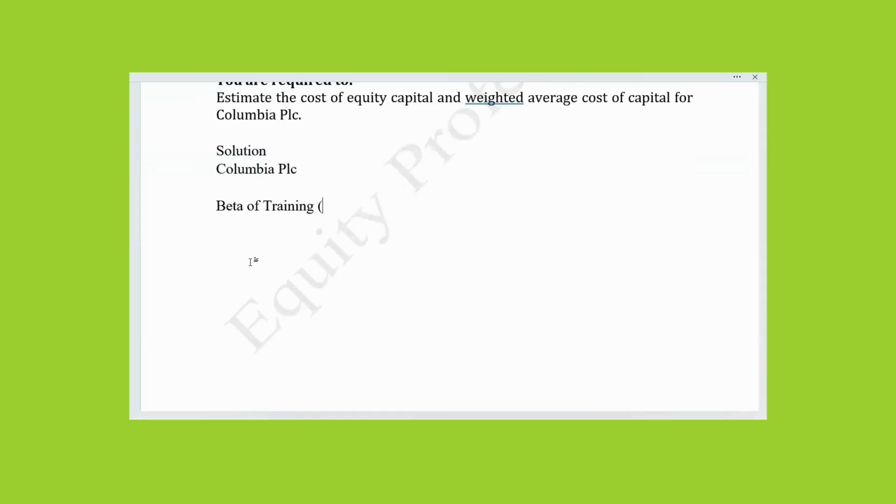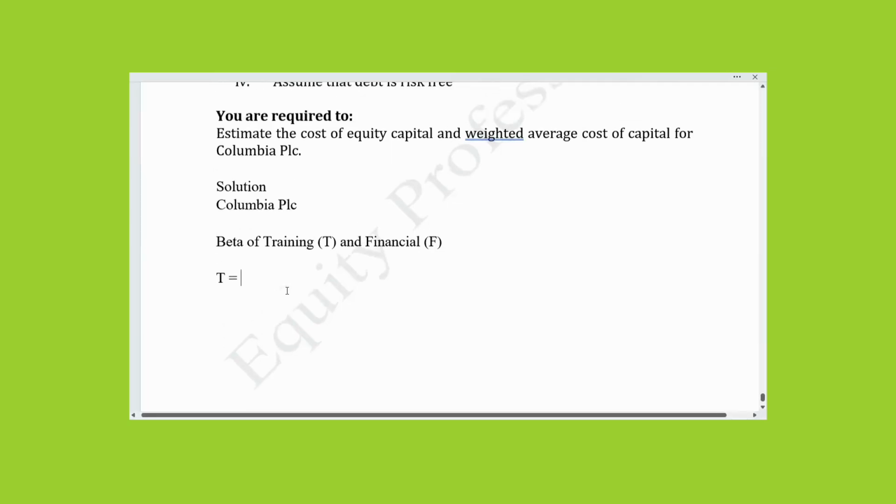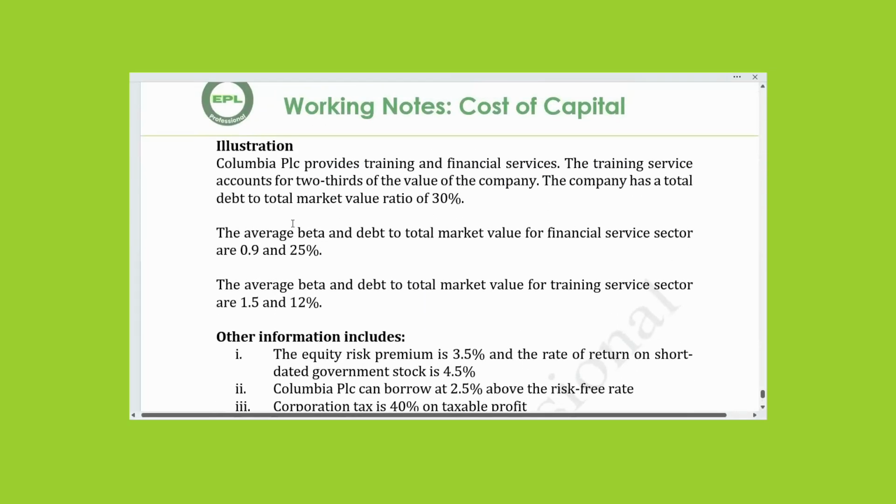Let's say training equals T, and financial equals F. We then go and identify the beta for the training service.